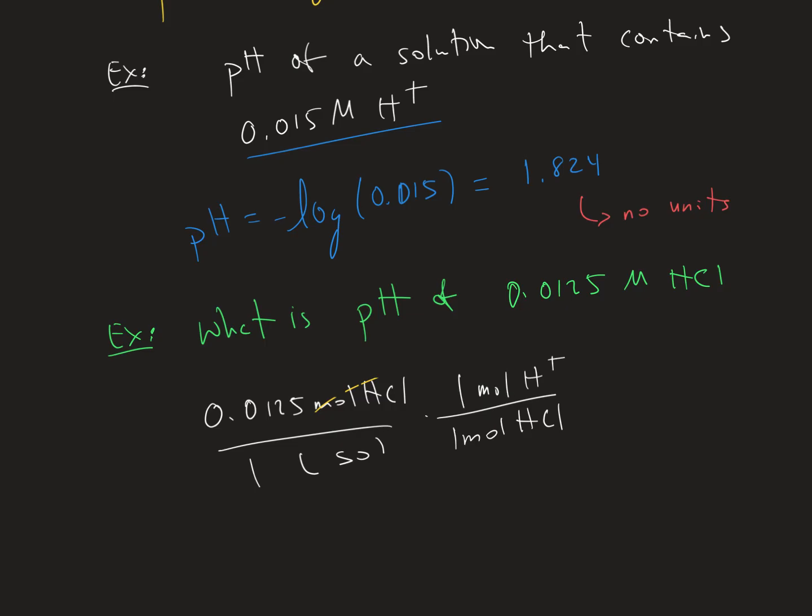Oh, how can we see that? If we have 1 molecule of HCl, how many hydrogen atoms do we have? 1. So do we got to convert moles to particles to moles to particles to moles? What do you think? No. That's the whole beauty of 6.022 times 10 to the 23.